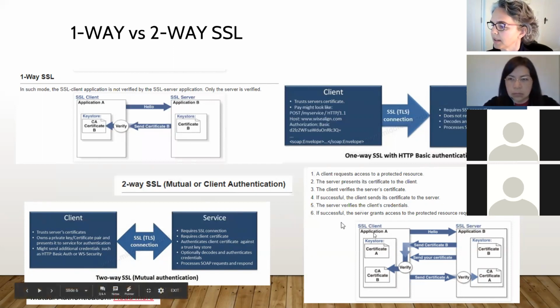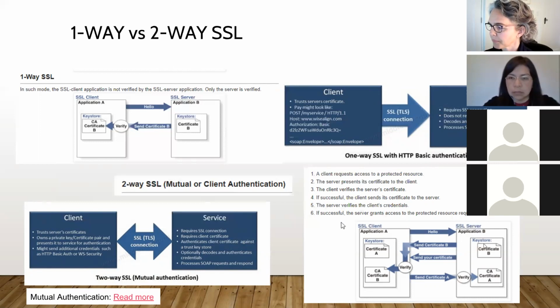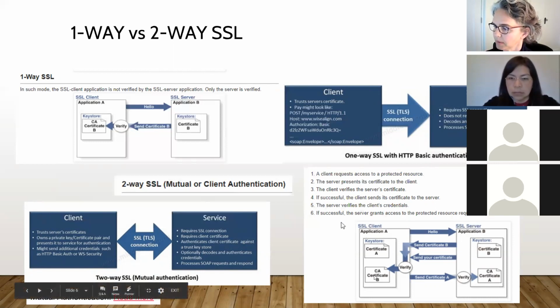So down here, you can see the application first sends out a connection to server B or application B. It sends its certificate back, and then it says, hey, show me your certificate. And so the client will authenticate or verify the certificate it got, and then send its own across to the other side as well.